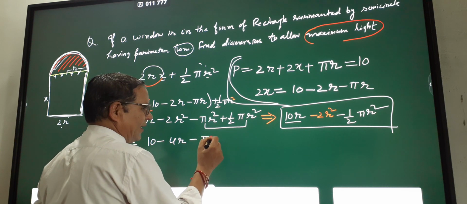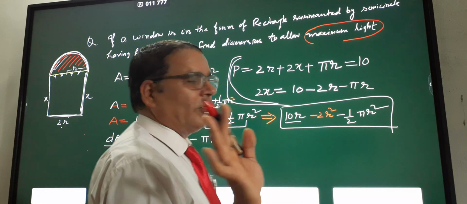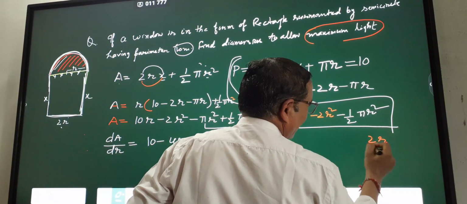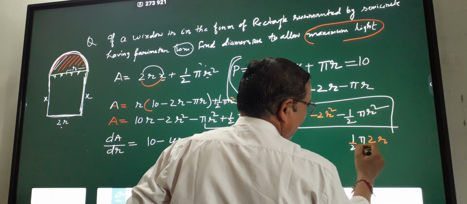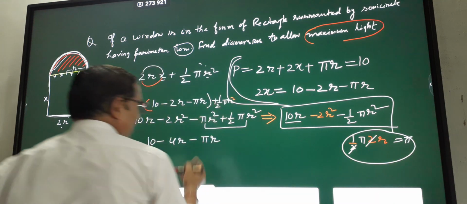You check yourself; if any mistake is there, tell me. Am I right or not? So pi r is written here.